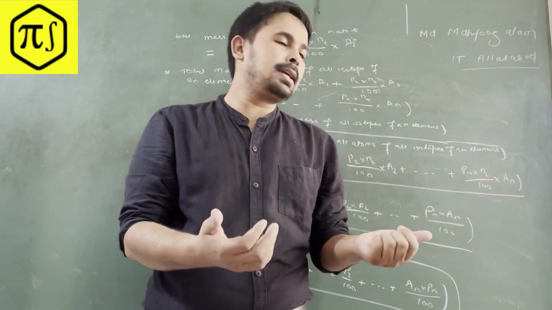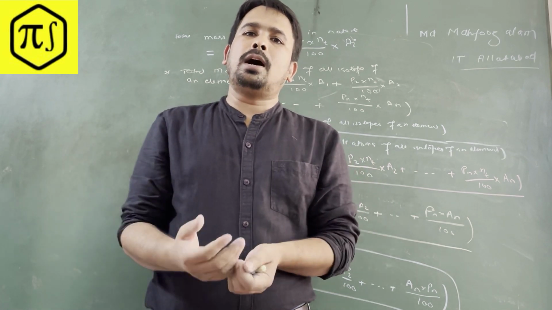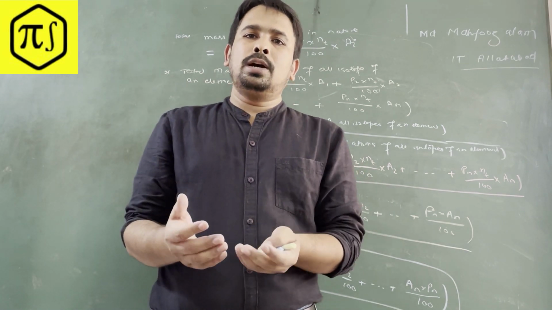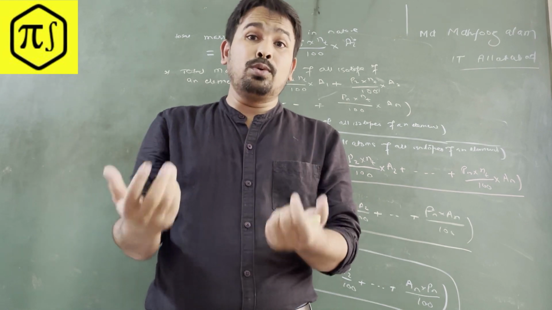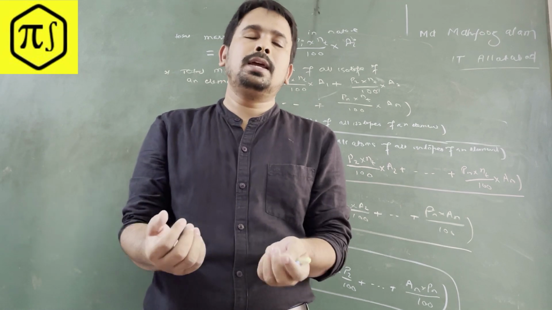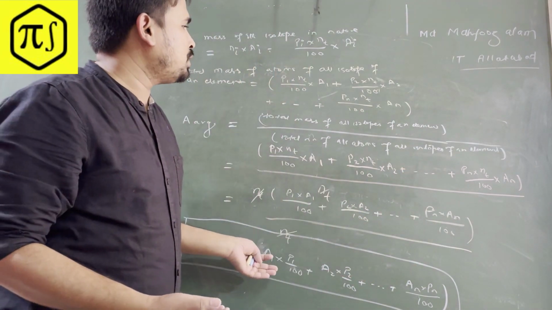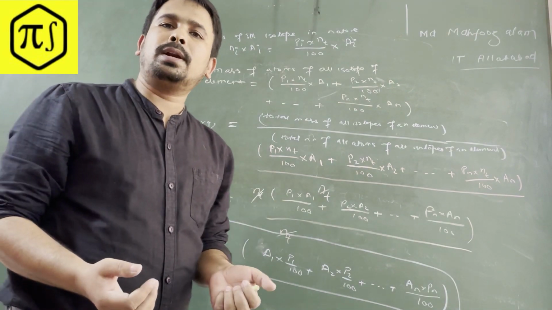So I thought, let me walk toward this and find another way to teach you chemistry, so that one who is good in mathematics, or one who is logical, will be able to think easily, right? So this is the derivation of the average atomic mass.